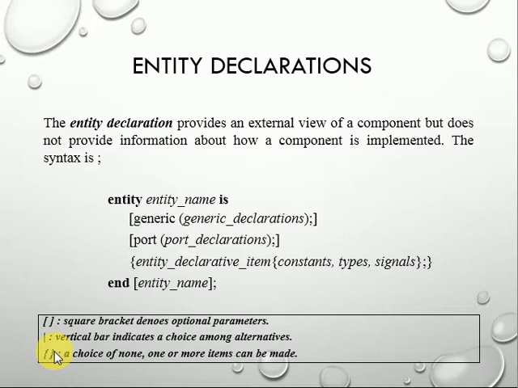Whatever entity name you have given earlier, you have to specify it. If there are a number of items present while writing the code, you have to separate them using a semicolon. So here you need to have a semicolon. This will be the overall syntax for entity declaration. Are you getting this?